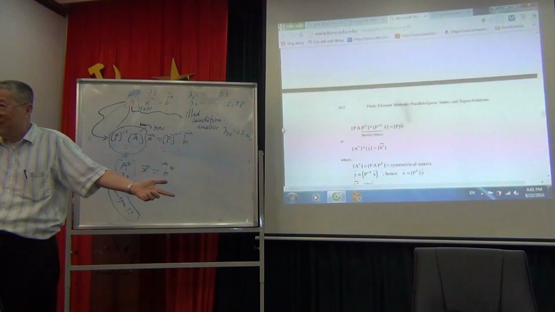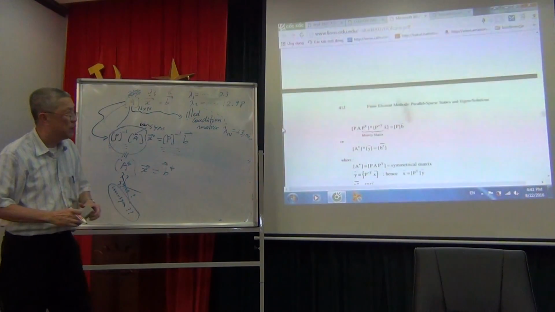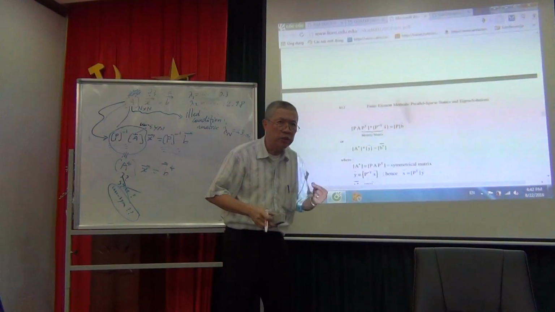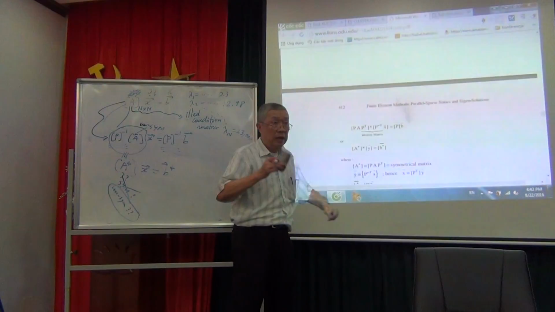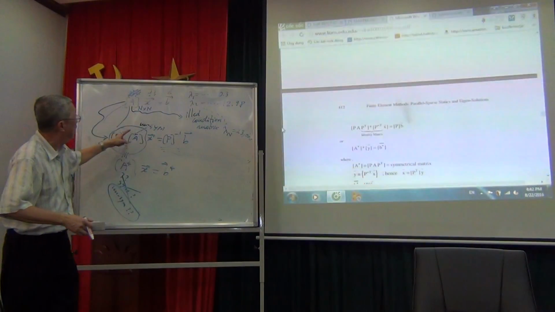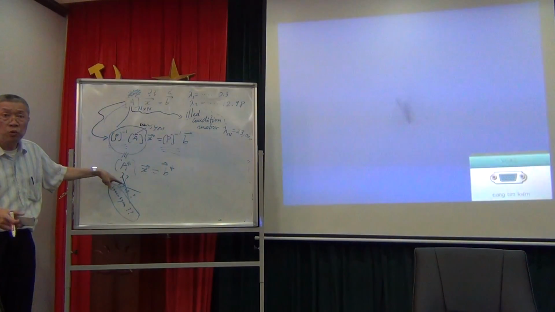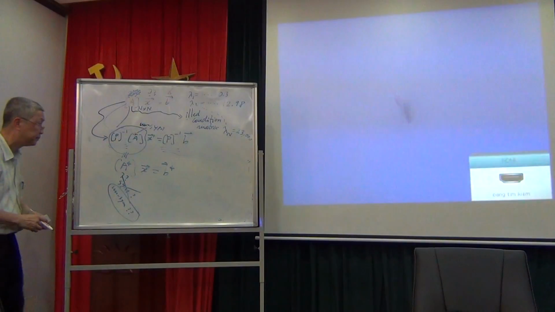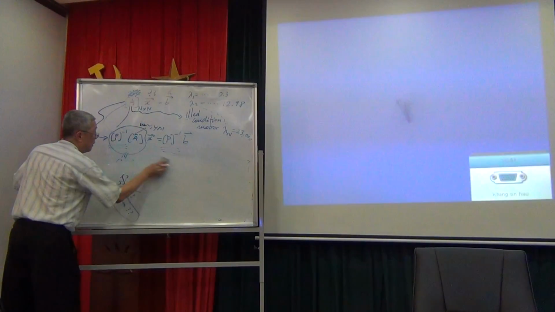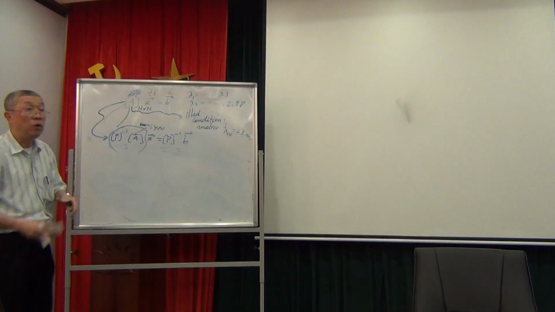So you have two situations. If the matrix A to start with is symmetric, then use this way to transform. If the matrix A is unsymmetric to start with, then this way is a good way because it is simpler. Do you understand?